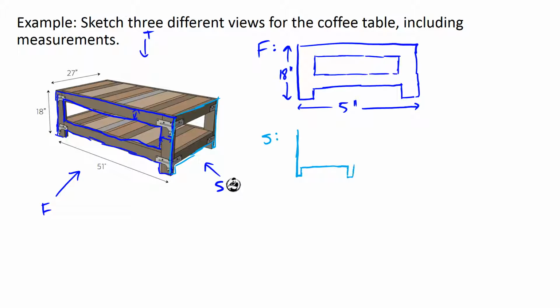So that means it's going to end earlier and then go up to the top. Perfect. And then you notice we have this window, and again, because we're looking at the planks side on, they're pretty thin on the sides, but then that regular thickness on the top and bottom. So I really want to capture that in my sketch.